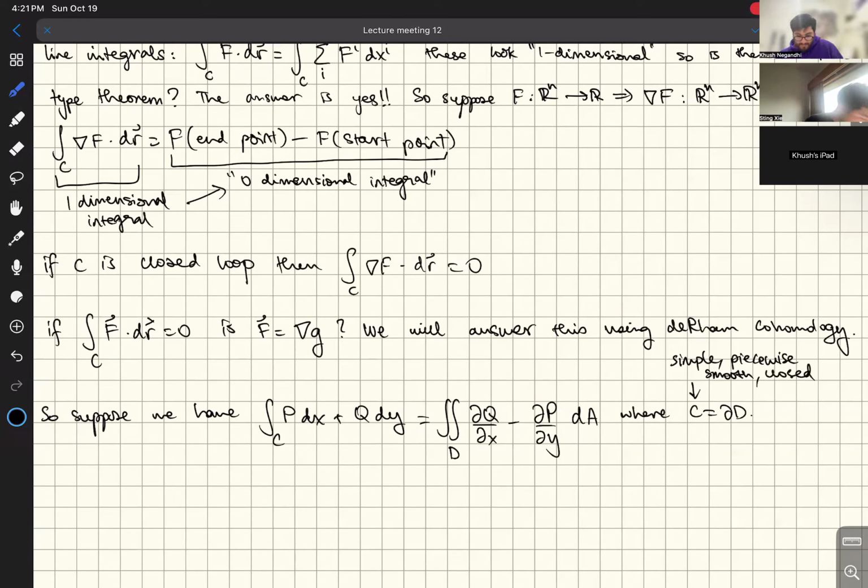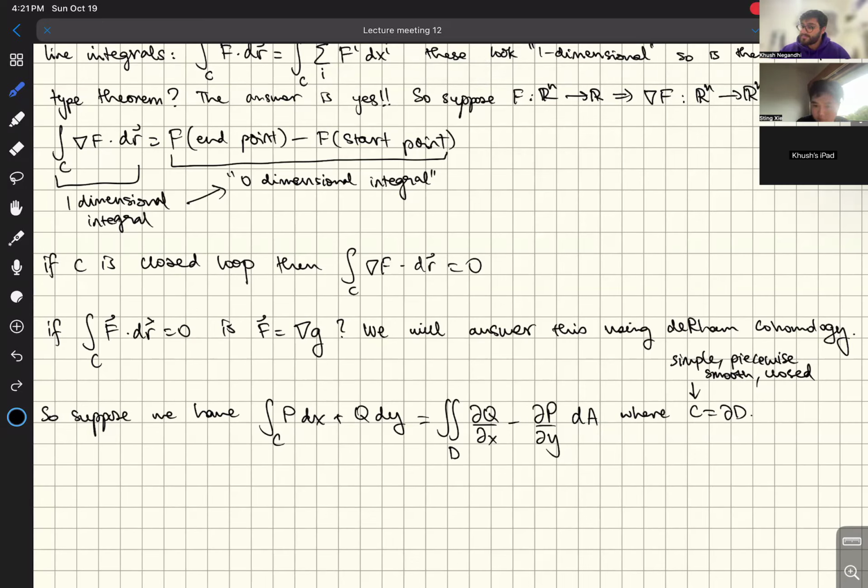Okay. So now it actually turns out that these two questions are very closely related. We can now ask: is C the boundary of something?